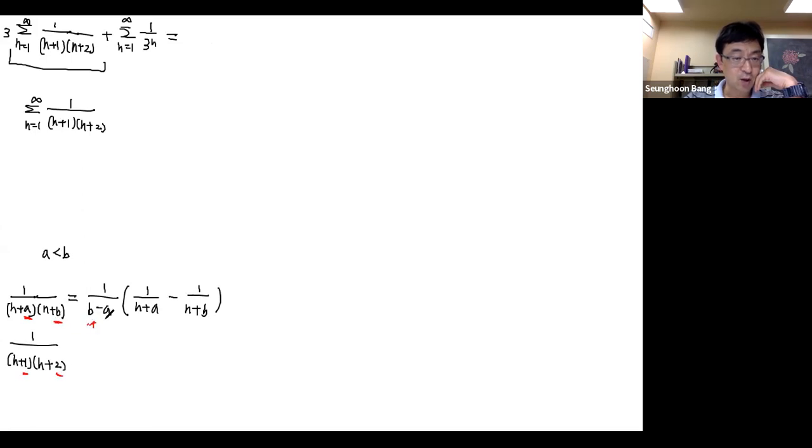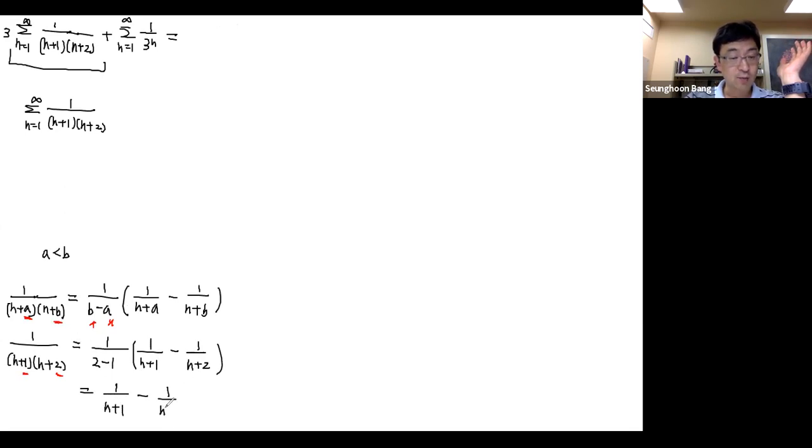You can plug into the formula, so we have this result. 1 over (b minus a), which is 2 minus 1, times 1 over (n plus a), which is n plus 1, minus 1 over (n plus 2). Since 2 minus 1 is just 1, you don't need it. So 1 over (n plus 1) minus 1 over (n plus 2).